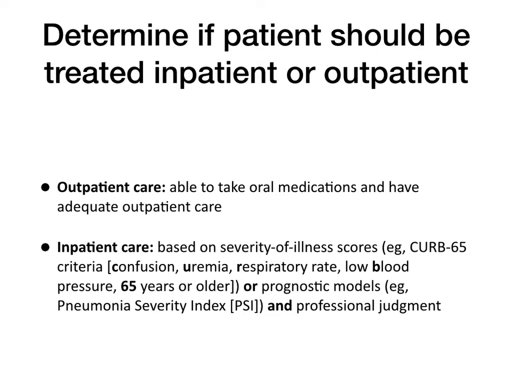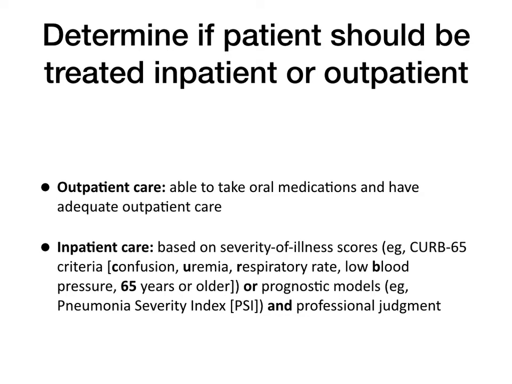Patients who cannot take oral medications and do not have adequate outpatient care, or who have severe pneumonia based on CURB-65 of two or more, or other prognostic models such as the pneumonia severity index, or physician's professional judgment suggesting the patient needs hospital admission, are admitted.